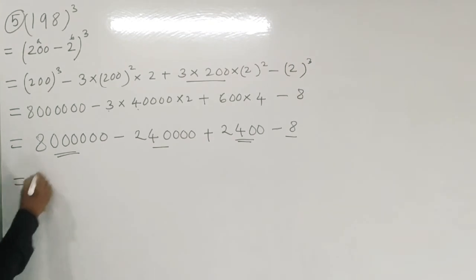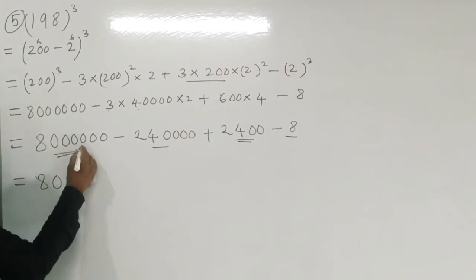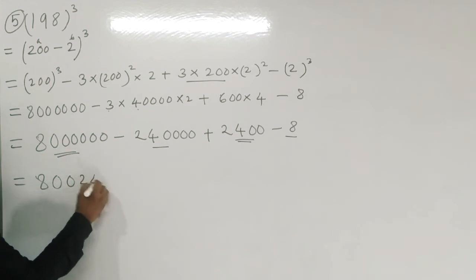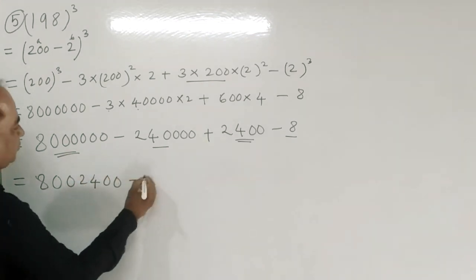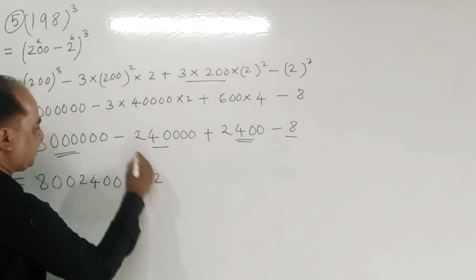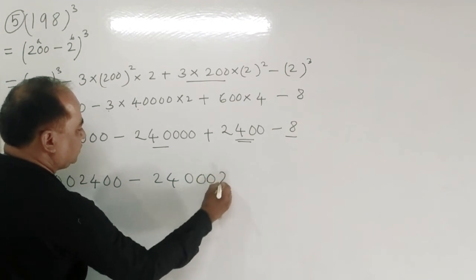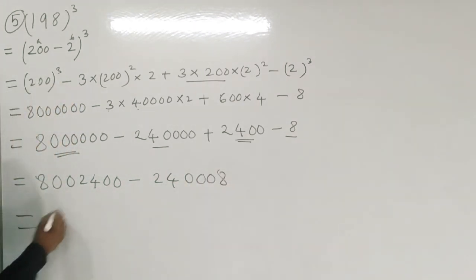So add this: 8,002,400 minus 240,008, both together, both are negative. Now subtract this.